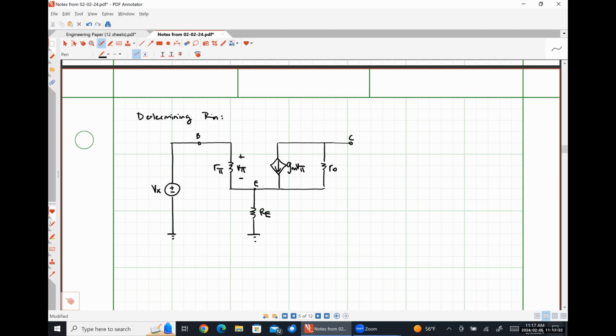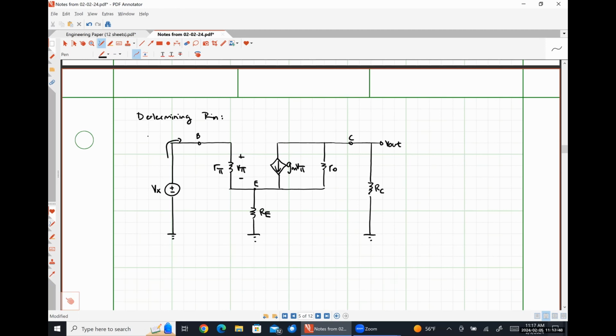Collector terminal, RC, and here's where we're measuring our output voltage.